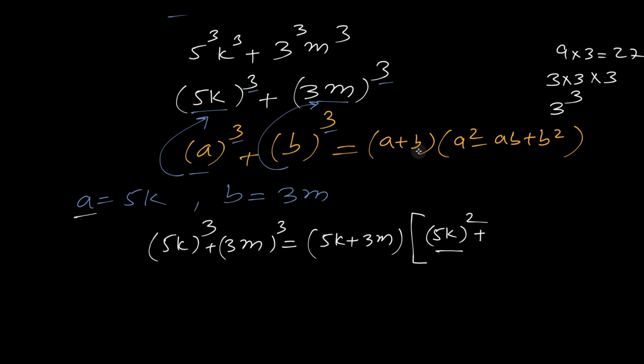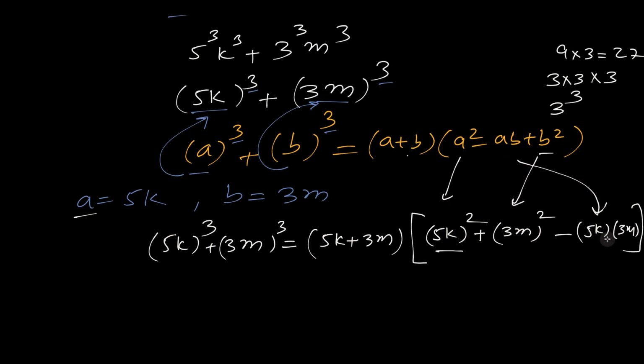Plus, from the formula, b square. What is b? 3m. 3m whole square. Keep in mind that this is whole square. Minus ab: a is 5k and b is 3m. So I will close the bracket. First I have written a square, then b square, then minus ab.